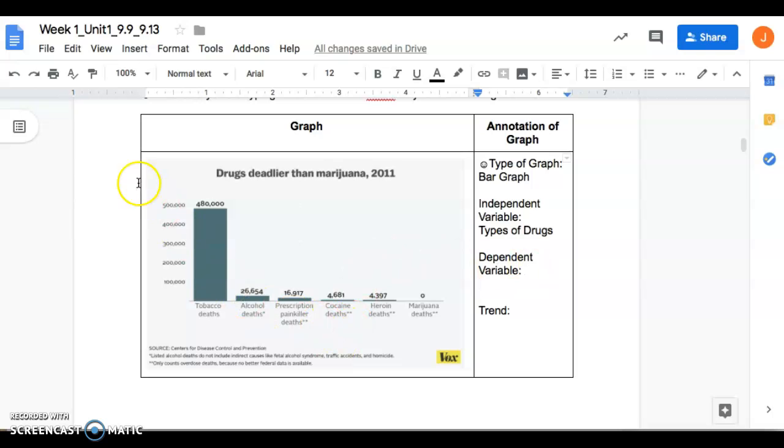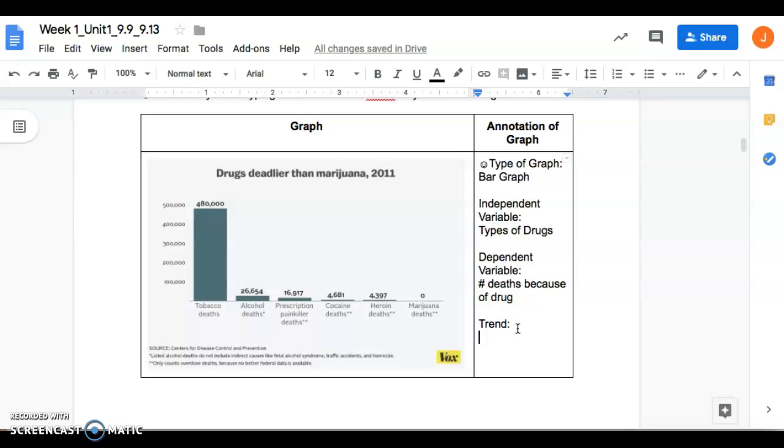If I look at the y-axis, which is normally where the dependent variable is, I don't see any labels, but I have noticed that under the drug it says deaths. So the numbers here are the number of deaths that have occurred because of that drug. All right, now I know what I'm looking at.